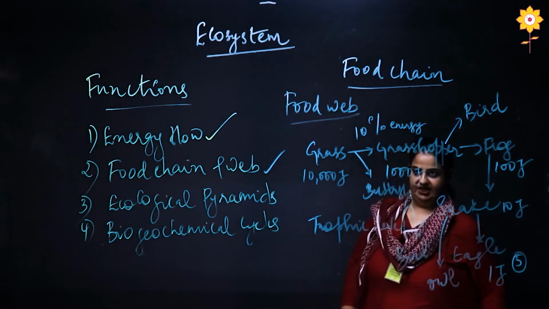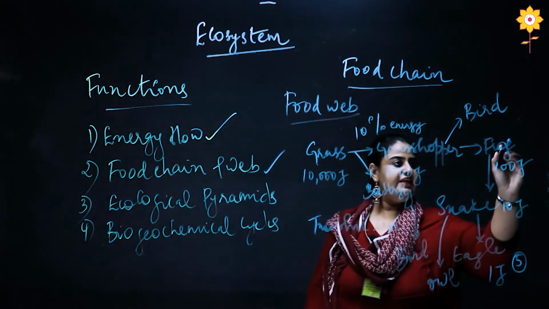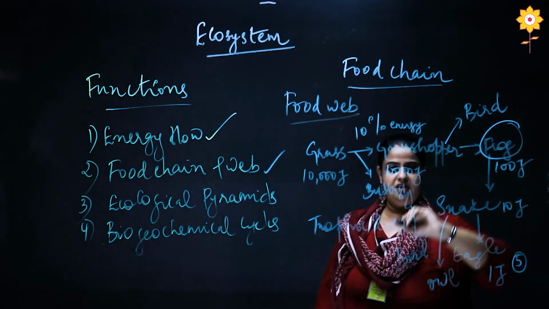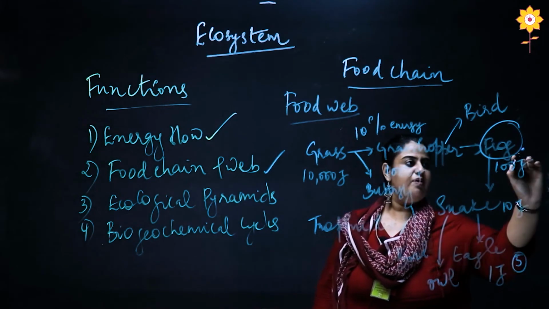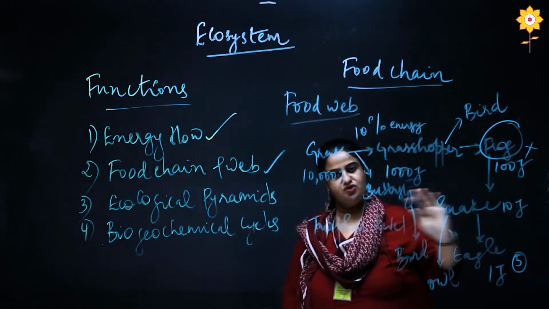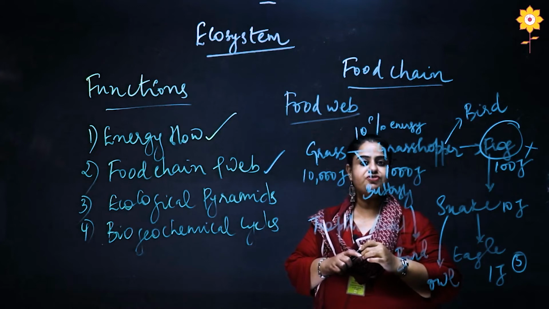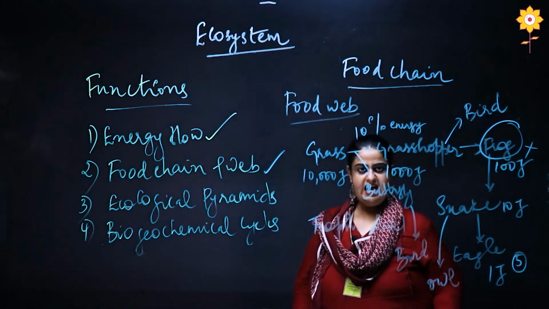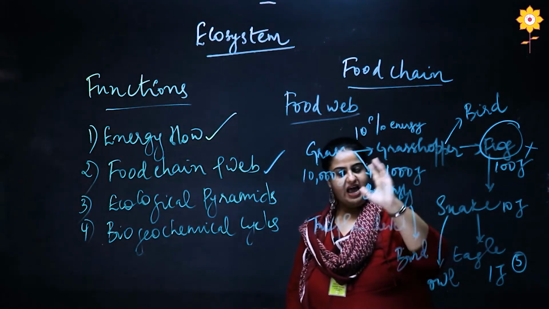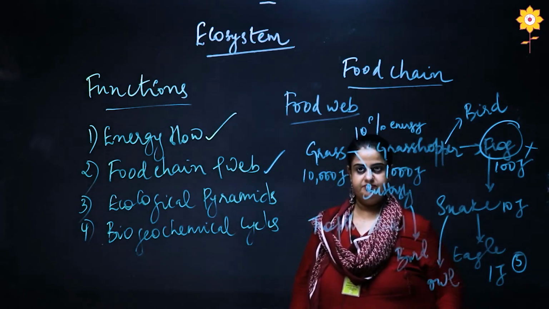Just for example's sake, I am going to say that the entire frog species are being removed from the face of the earth. In the entire earth, there are no frogs existing. Let us look at the food chain and what will happen to the organisms in the food chain.